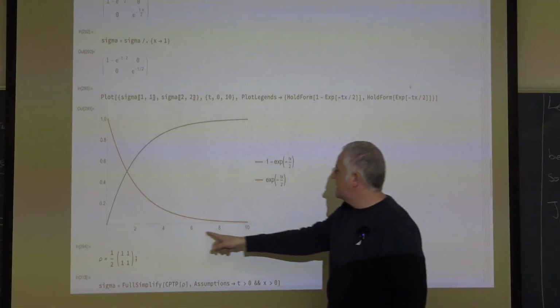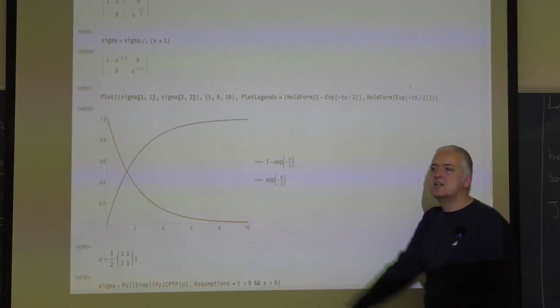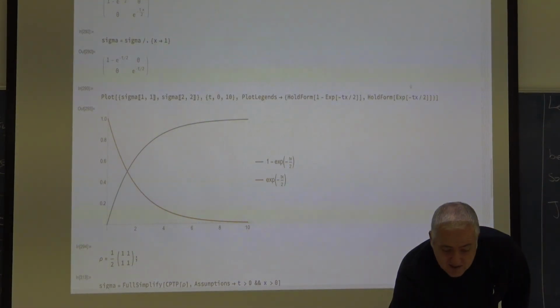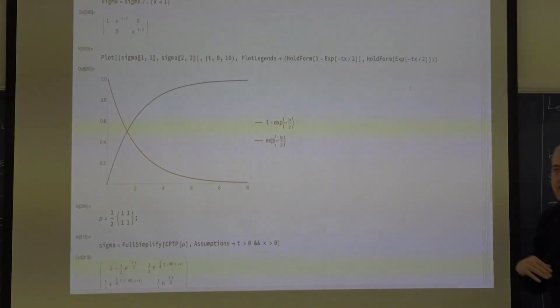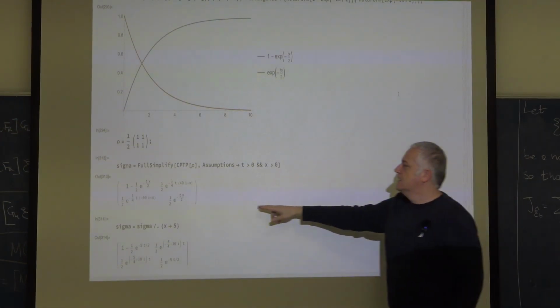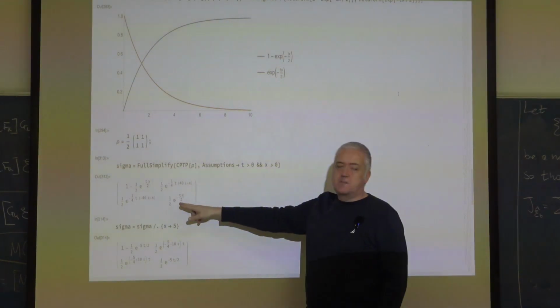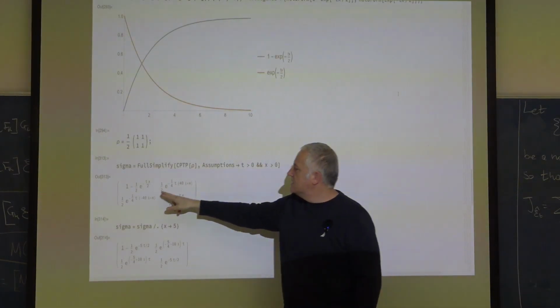So this is the excited state that goes down to 0, and the ground state that goes up to 1. Okay? And the last state I picked is something which has a superposition. Okay? Something which is on the equator of the Bloch sphere. And if you now calculate the action of the channel, you see that this part remains the same as before. And now we also have a damping parameter here. Okay?